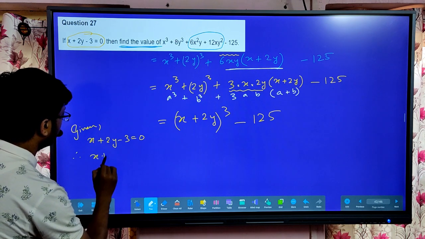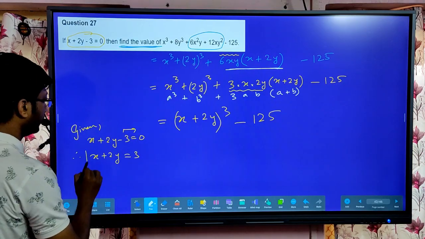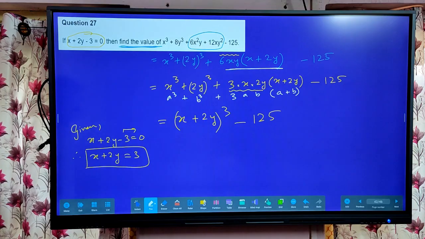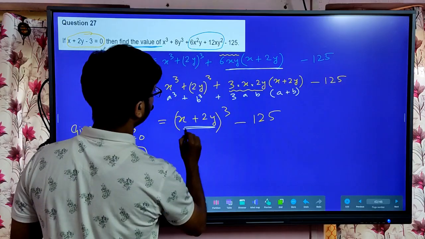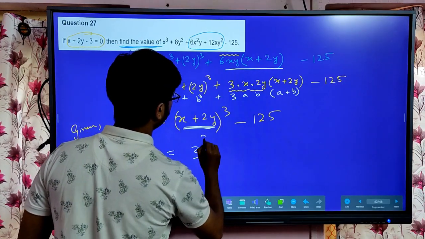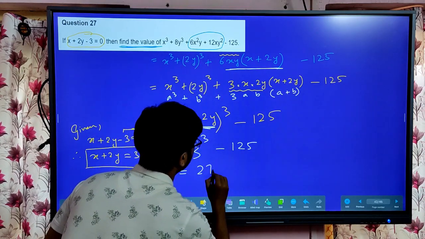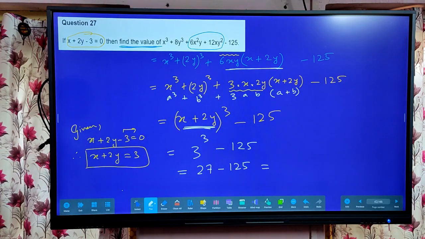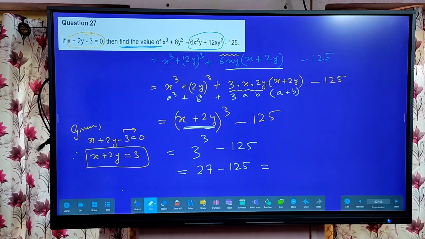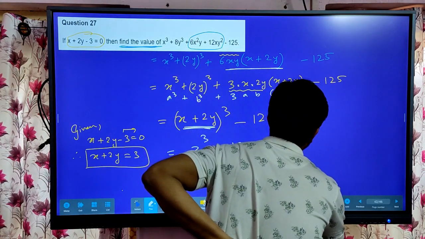Therefore, x plus 2y, you push this to the left side, minus 3 will become plus 3. So x plus 2y value is 3. So in place of this, I will write 3. So it will be 3 cube minus 125. So it will be 27 minus 125. So it will be how much? Minus 98. Check the answer. It will be minus 98.